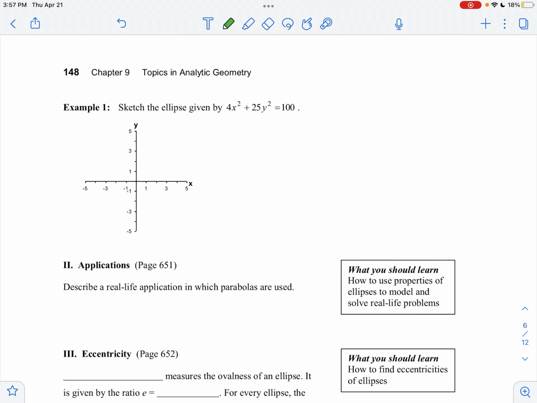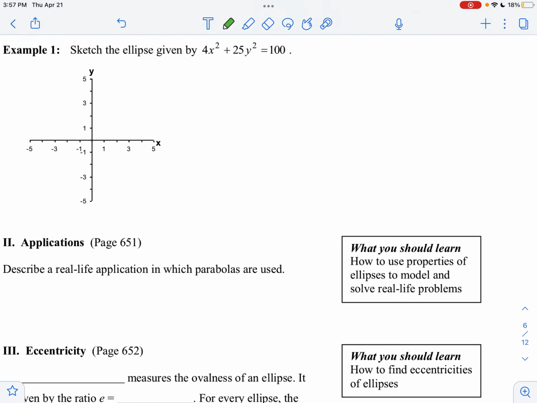And then let's go down to the next one. We're going to sketch the ellipse given by 4x squared plus 25y squared equals 100.